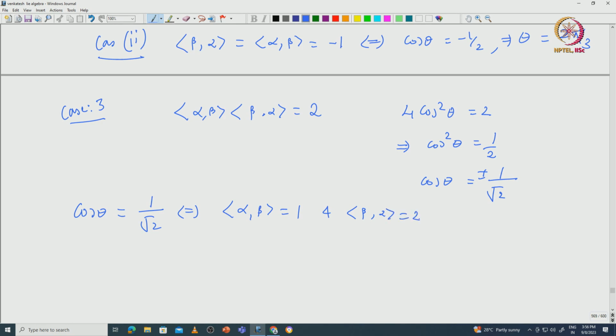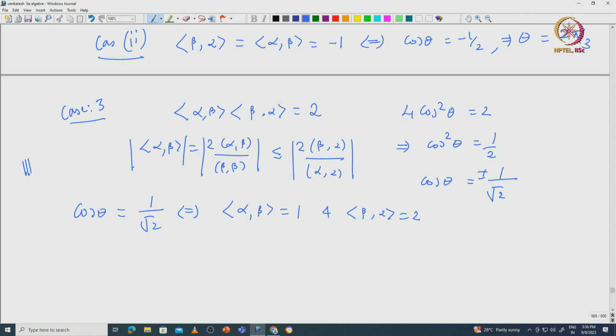So note that if we compute this Cartan number for alpha beta, which is nothing but twice alpha beta divided by beta beta, this absolute value will be less than or equal to the absolute value of the one for beta alpha, twice alpha beta divided by alpha alpha, because we assume that the norm of alpha is smaller than the norm of beta.